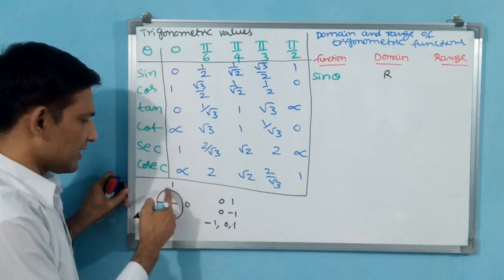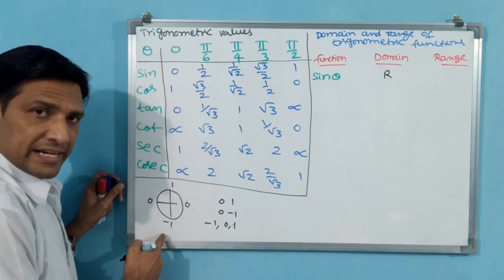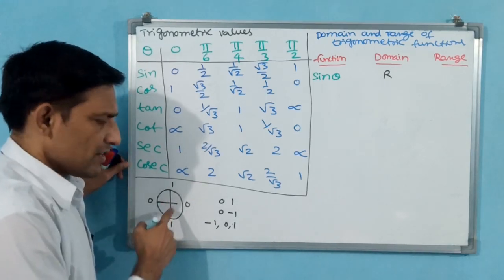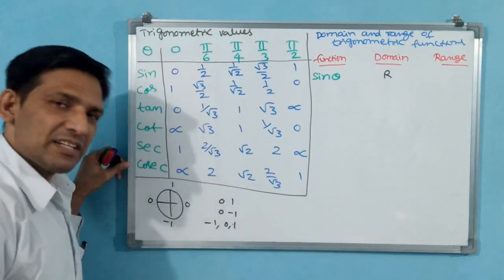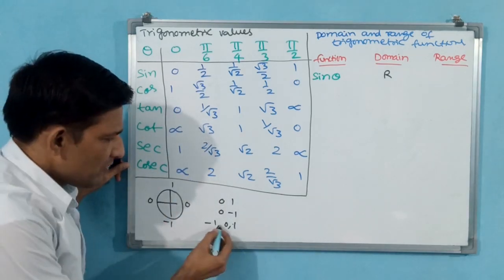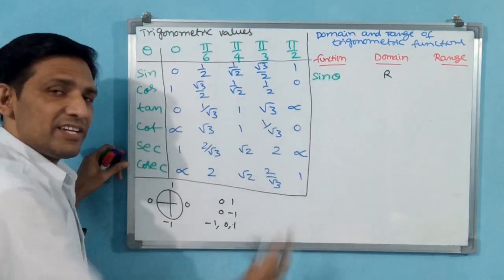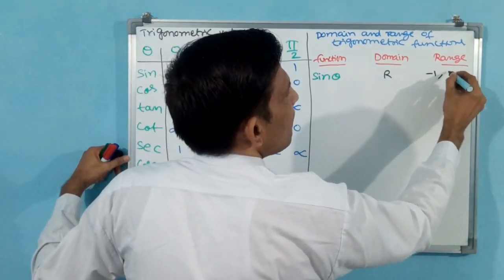That means 1 will come, 0 will come, minus 1 will come, 0 will come. In sine theta, minus 1 is there, 1 is there. More than 1 is not there. Less than minus 1 is not there. 0 will come between minus 1 and 1, you know very well. Okay, then the range of sine theta is minus 1 comma 1.